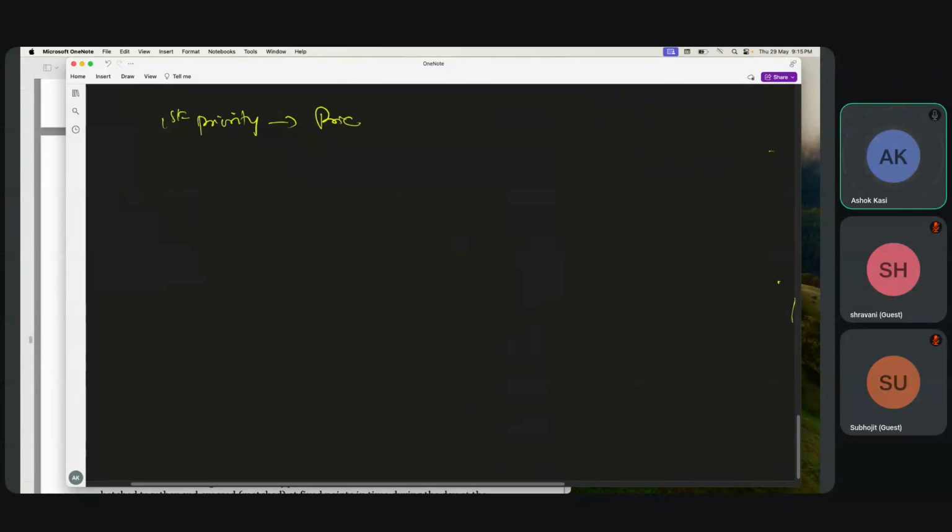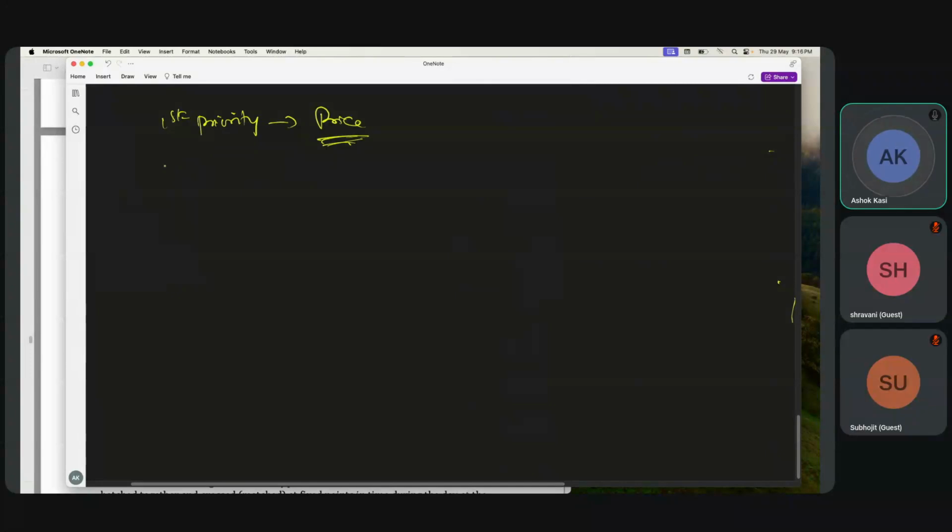That means for the buyer, highest price, and for the seller, lowest price. So whoever is quoting the highest price, he will come to the top for buying. Whoever is quoting the lowest price, he will come to the top for selling. So first priority will be given to the price.